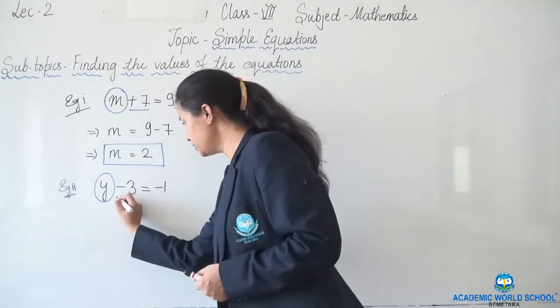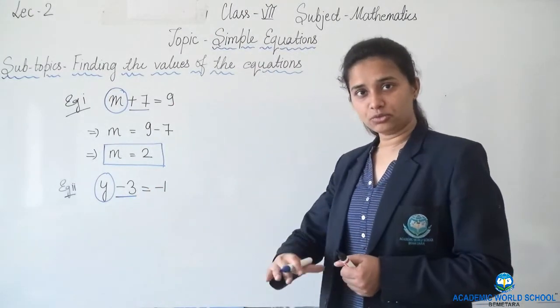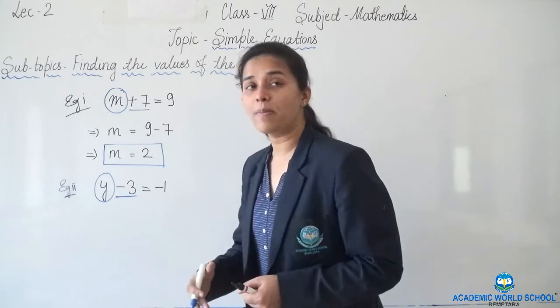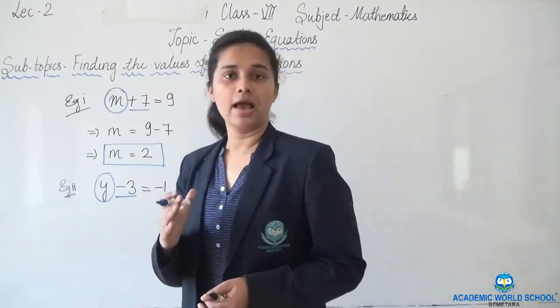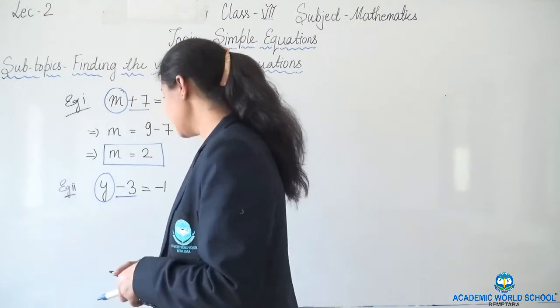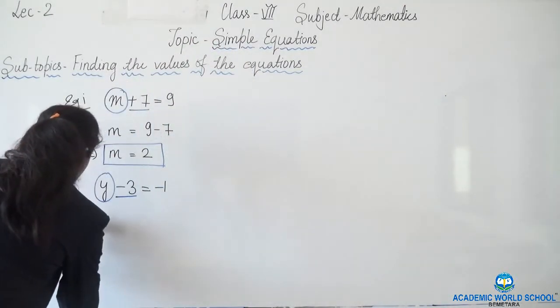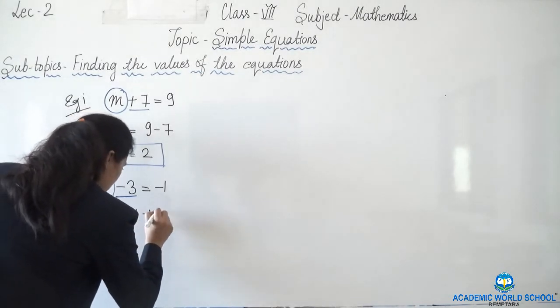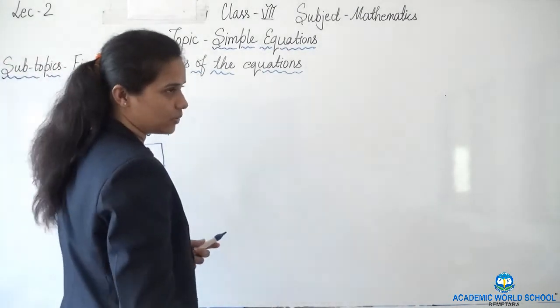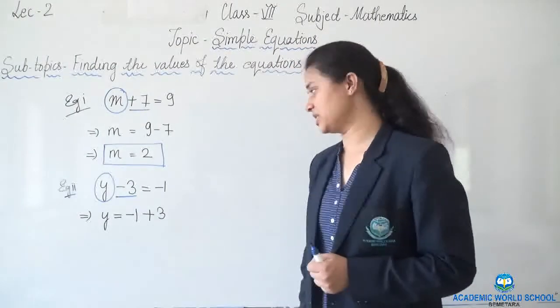So we need to move minus 3 to the other side. Minus 3 will now become plus 3. So y equals minus 1 plus 3.